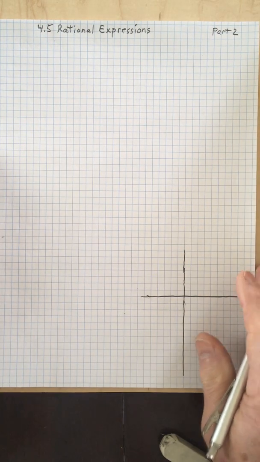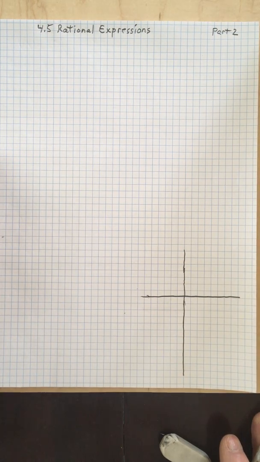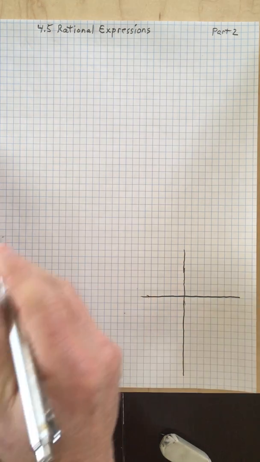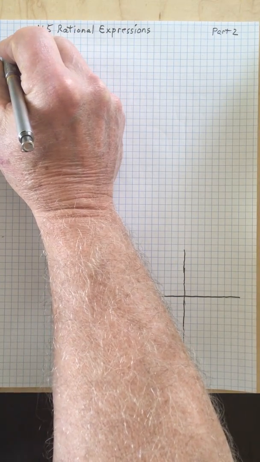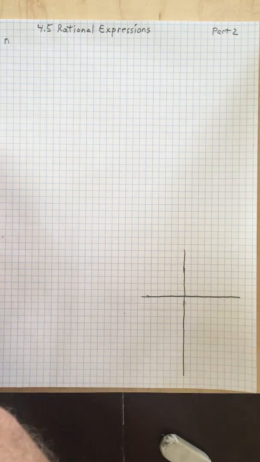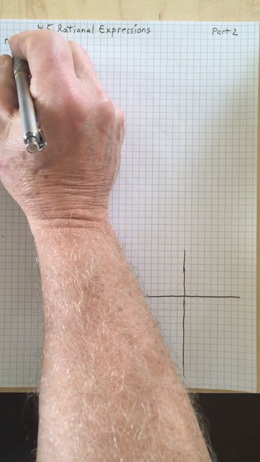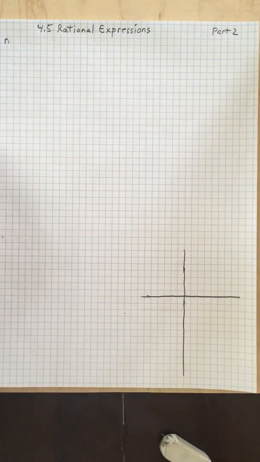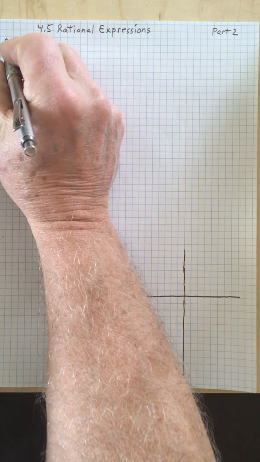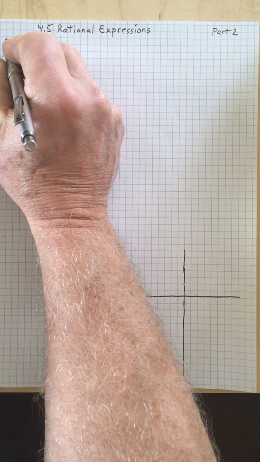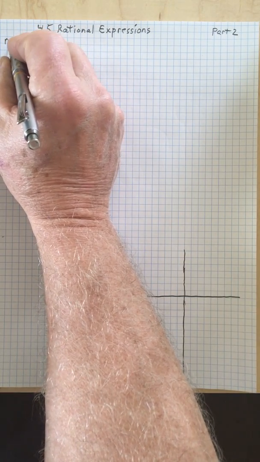Okay, so we're on the next part of section 4.5 and we're continuing our hunt for asymptotes. Last time we saw that when we look at the degree of the polynomial function in the numerator and compare it to the degree of the polynomial function in the denominator, we'll let n be the numerator and m be the denominator degrees.